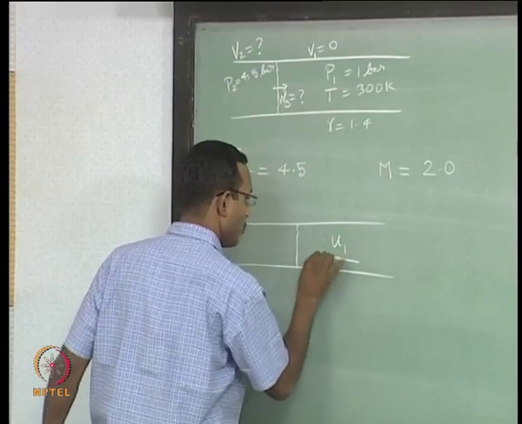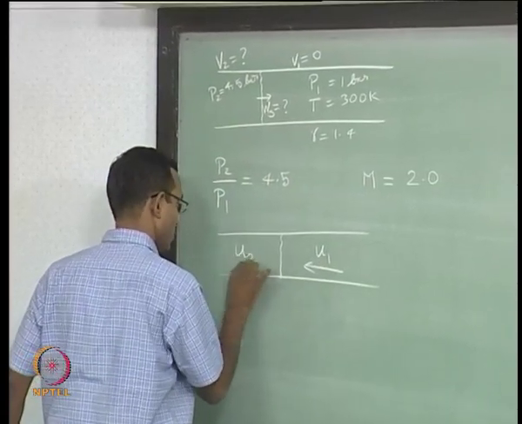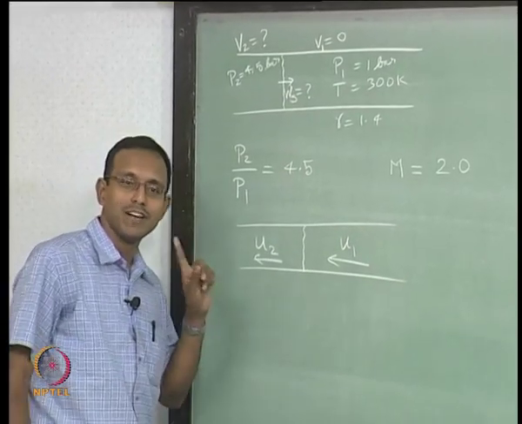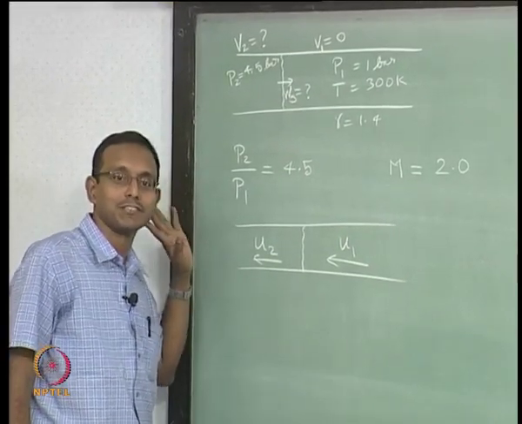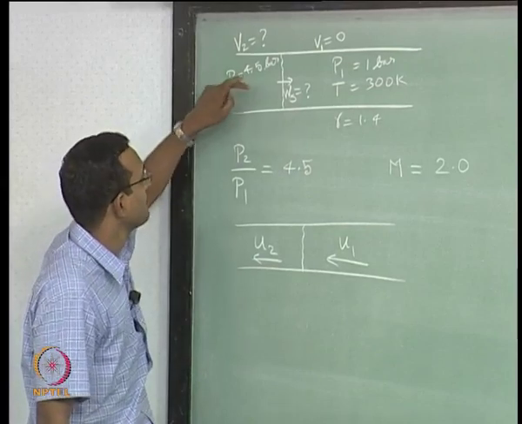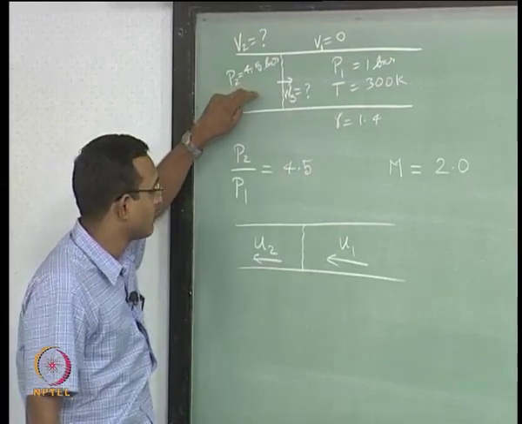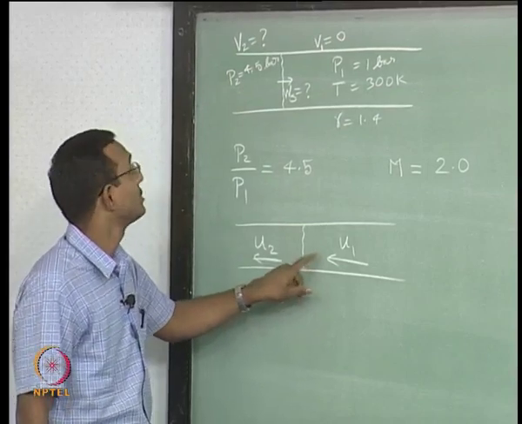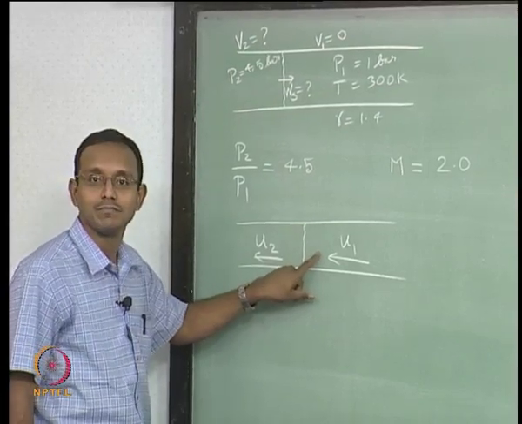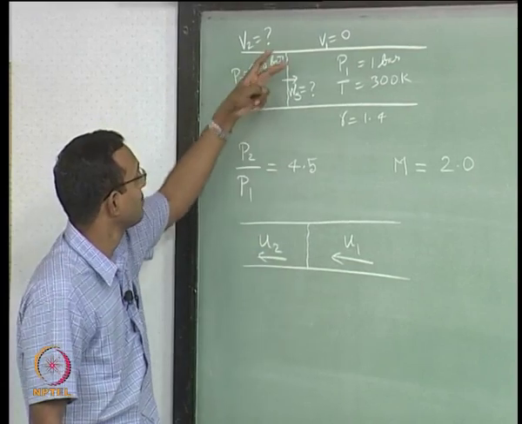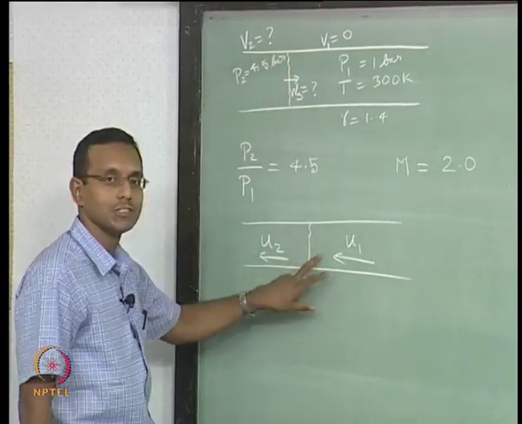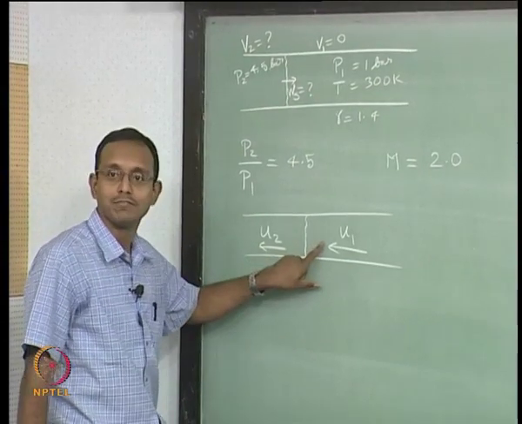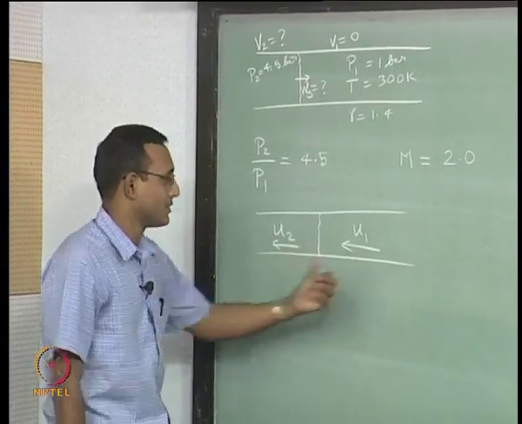I am going to have a U1 and a U2, and now I want to follow one convention for velocity vector direction, the convention for the original problem. So, I am going to say this U1 is supposed to be negative, because it is going this way.